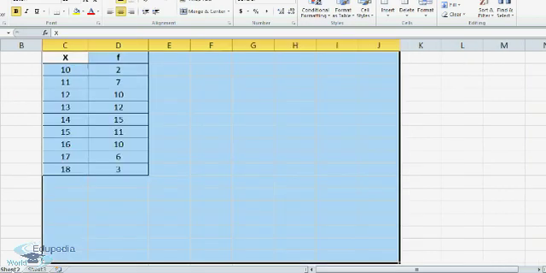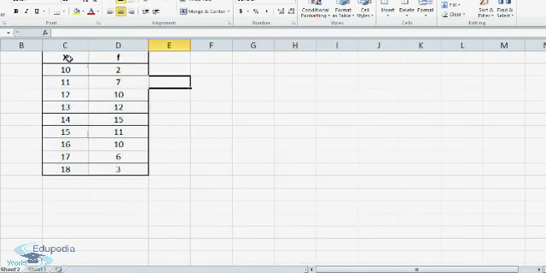Let's take one more problem and solve this using the step deviation method. This time we have the frequency distribution. We have got the x and f, and again we had solved this problem also previously. So again it will be a repetition and a verification of the previous answers. Here we are going to find the value of u first, since we are using the step deviation.